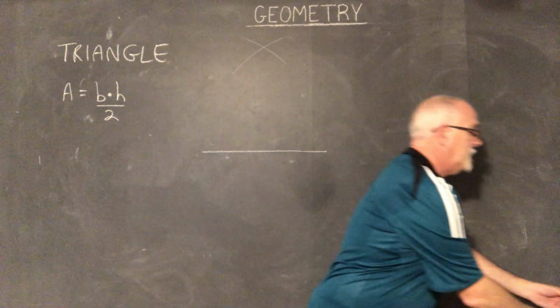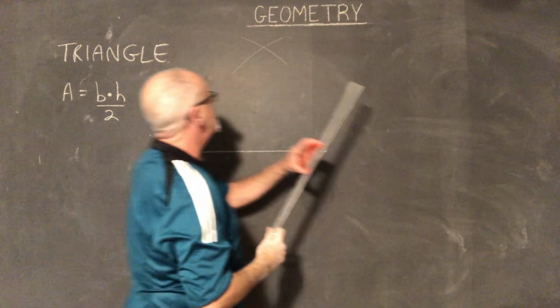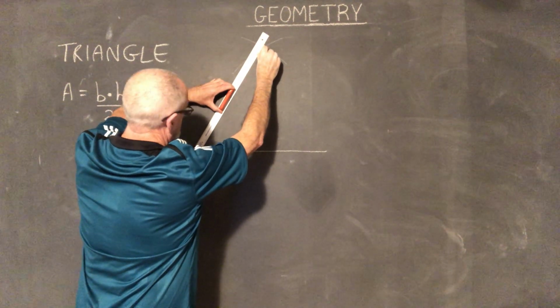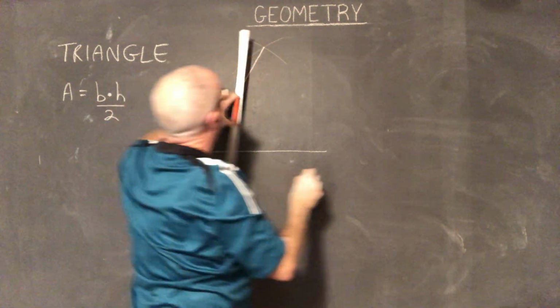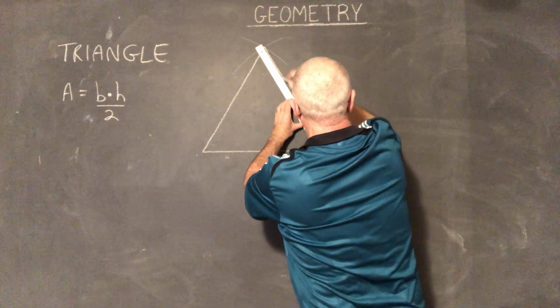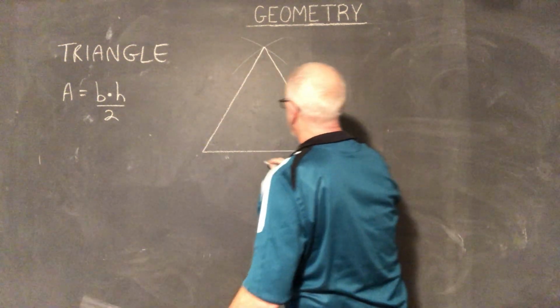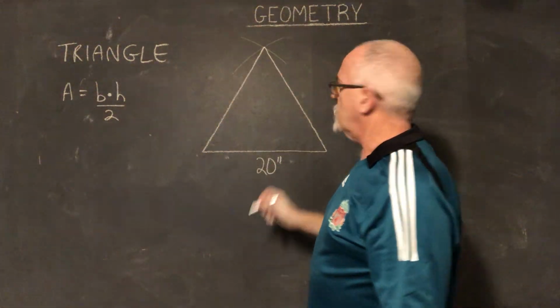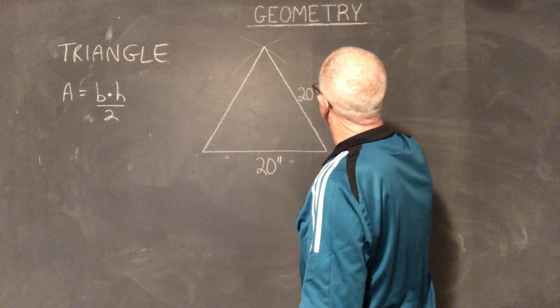And I am going to connect the point where those 2 arcs meet to each end of this line. Okay, so we have a 20-inch side, but we have 3 20-inch sides. All 3 of these are 20 inches in length.